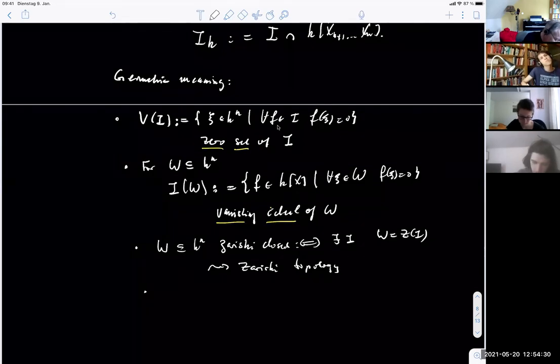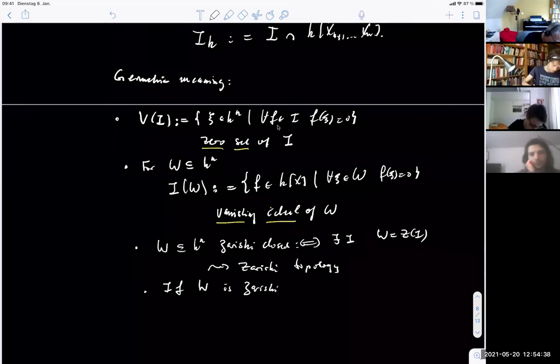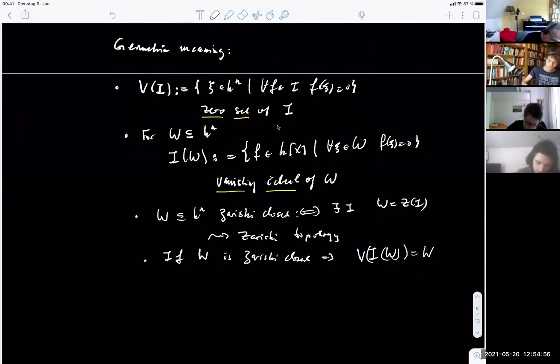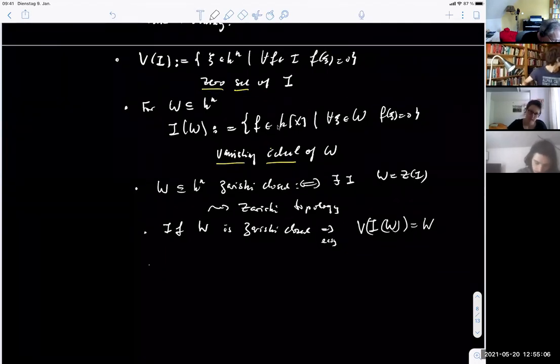And then if W is Zariski closed, I first take the vanishing ideal and then the zero set, and then I get back W. This requires a little bit of thought, but it's an elementary argument, which I will not elaborate here.